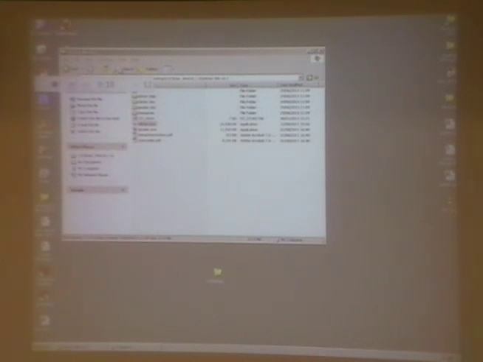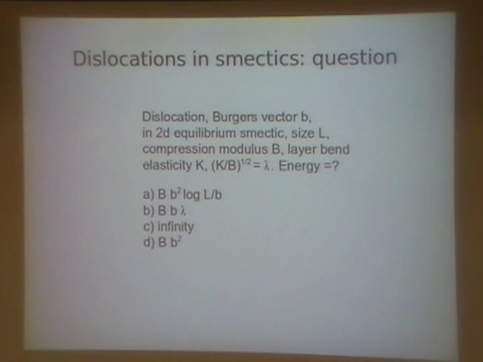Yeah, okay, so I'll switch to the next one. This is for an equilibrium smectic.